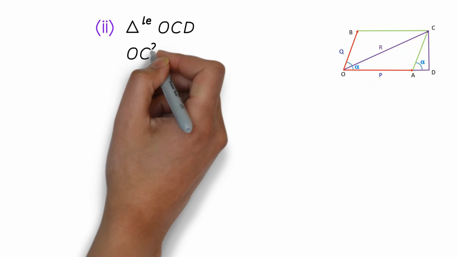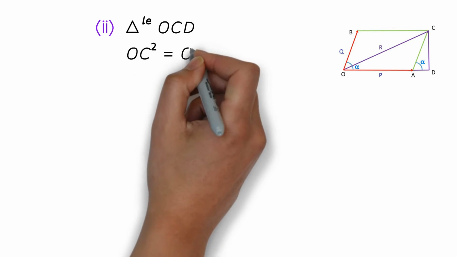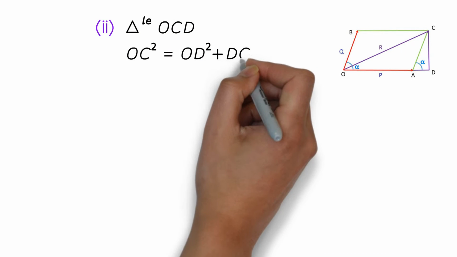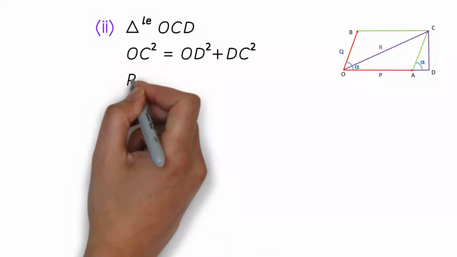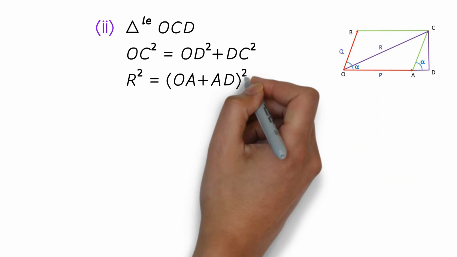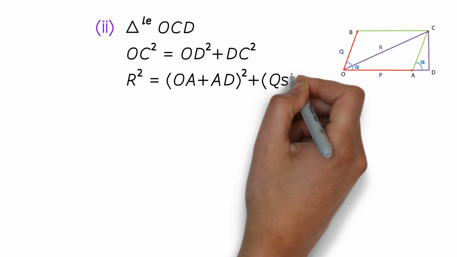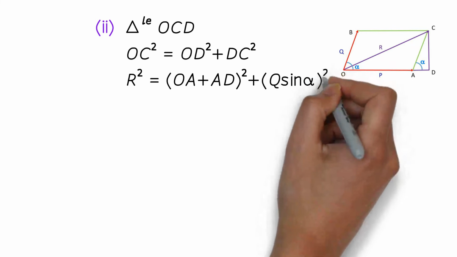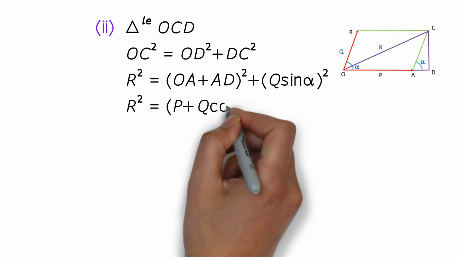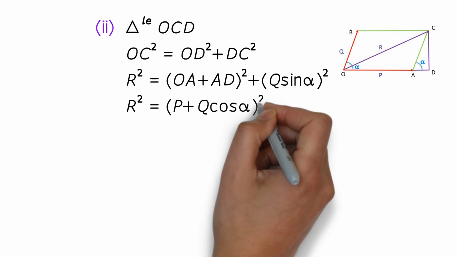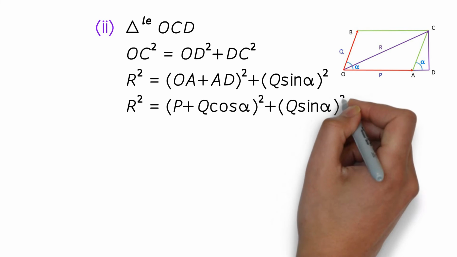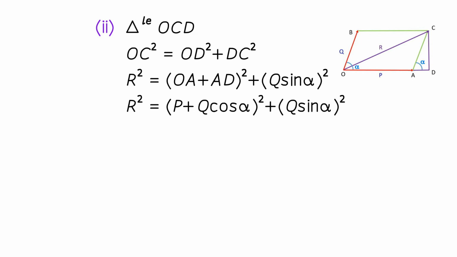Consider the larger triangle OCD. From that triangle, by using Pythagoras theorem, OC square is equal to OD square plus DC square. We substitute OC as R, OD as OA plus AD, and DC as Q sin alpha. We can rewrite that equation as R square equals (P plus Q cos alpha) whole square plus (Q sin alpha) whole square.